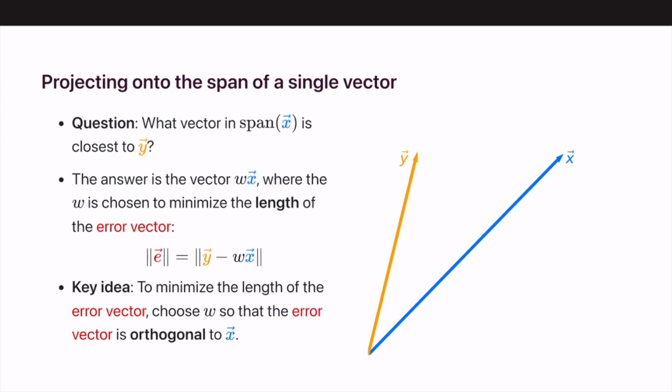Okay, so going back to this idea of spans and projections. We first started off by thinking about this idea of a single vector, and we wanted to find the projection of y onto the vector x, and particularly we wanted to find some w that we can use as a scalar to change x.